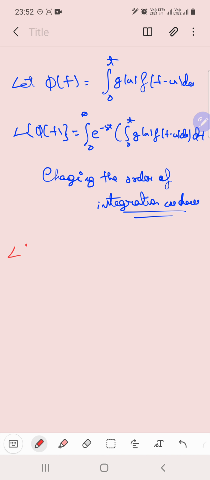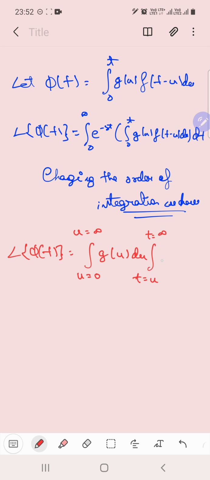So now just see, the change in order of integration gives you integration u equals 0 to infinity g(u) du times integration t equals u to infinity e to the power minus st f(t minus u) dt.